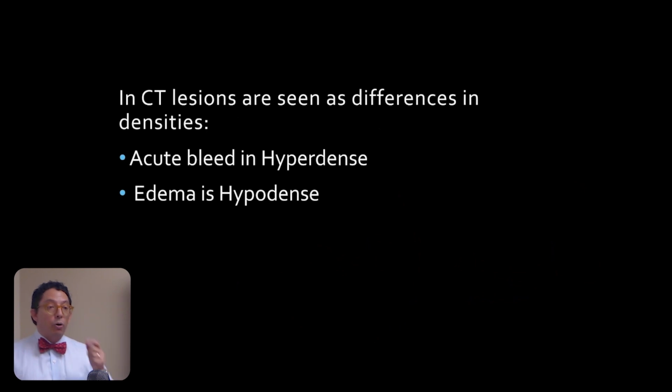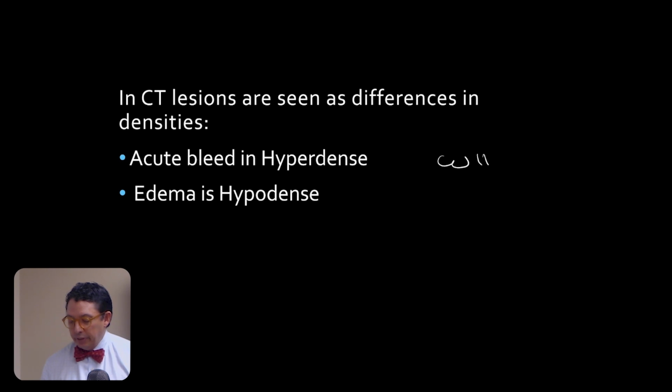Okay, so CT lesions are telling you the differences in densities. When you have things that are really dense, remember, they're going to be white, and things that are less dense are going to be darker.